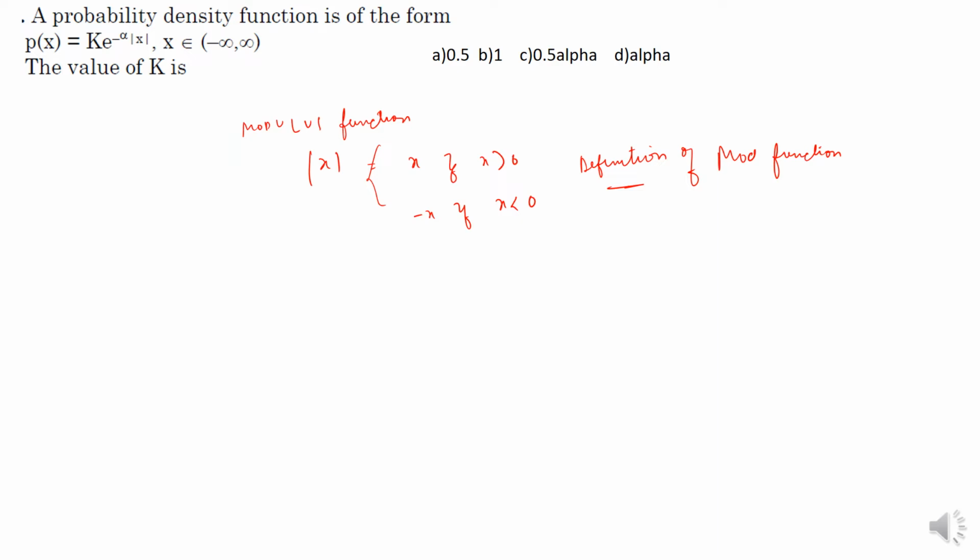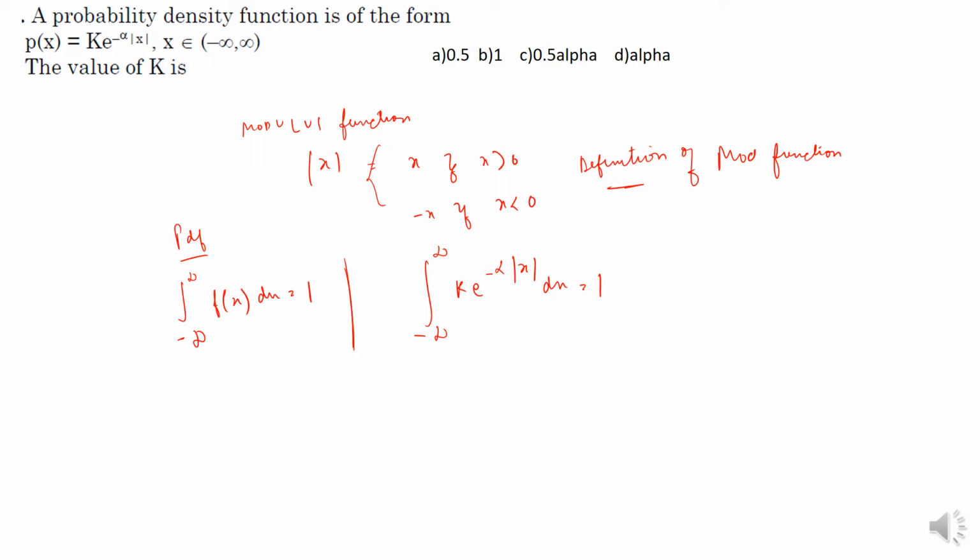Now we know for a PDF, the integral from minus infinity to infinity of f of x dx is always equal to 1. This is the definition. So now we can write it like this, integral from minus infinity to infinity, because this is a probability density, of k e power minus alpha mod x dx is equal to 1.